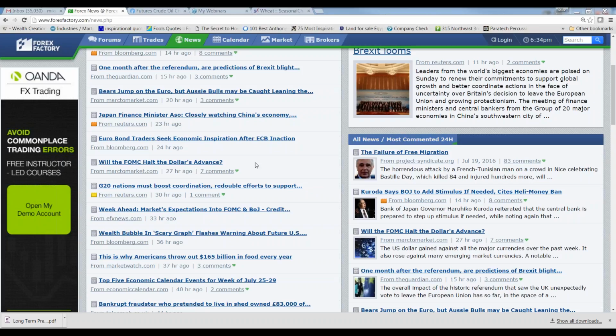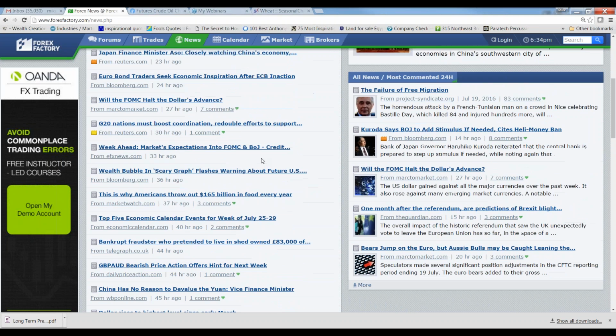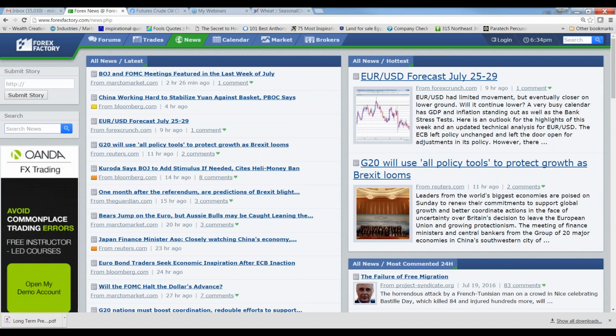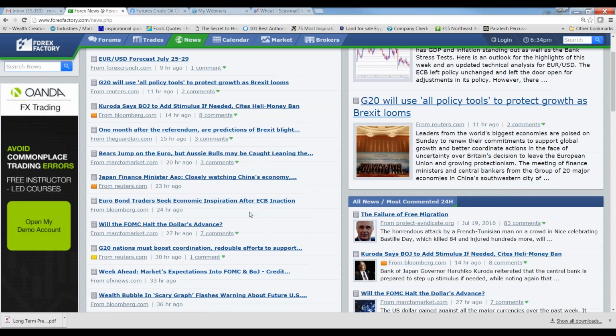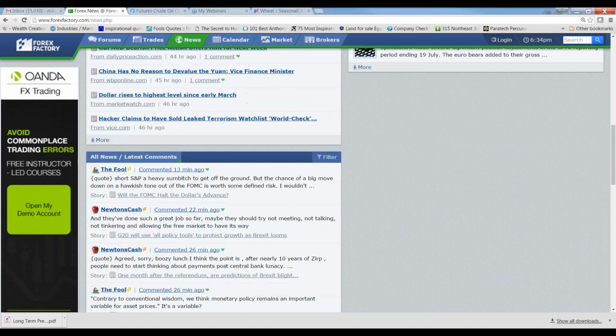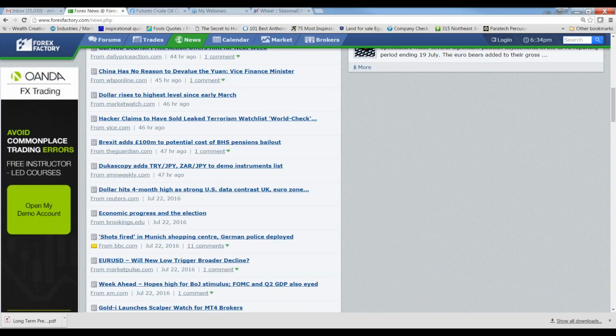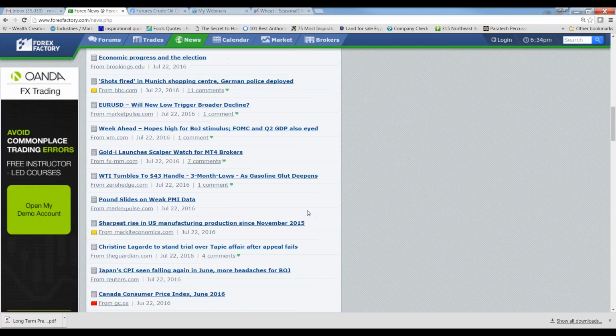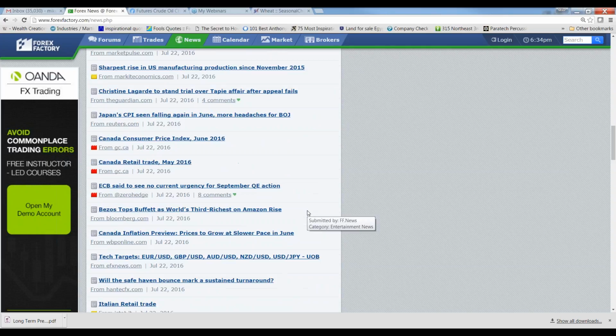I will check. So the Bank of Japan is waiting, and there is a meeting for the BOJ next week. So again, it is not moving, and they said that they have enough tools in their hands to do what needs to be done. So I'm trying to find it.